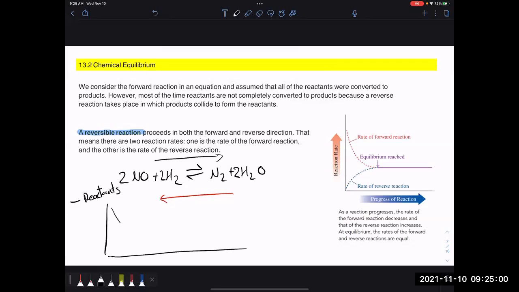It's probably going to go like this, slowly using up all of our reactants. And then as we make more products, that concentration will increase. And as that concentration increases, we talked about the rate also increases. So the rate will decrease as we lose our reactants, and for our products, the reverse reaction will start to increase until they reach a point where they are the same. And then we'll have a dynamic equilibrium.